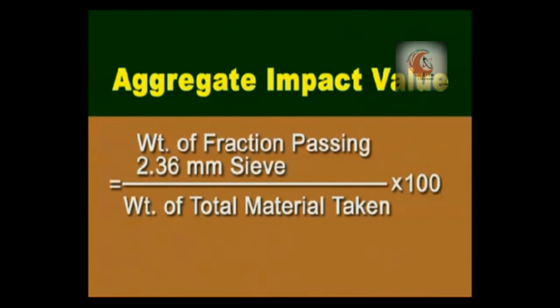Greater the impact value, more will be the crushing and weaker will be the particles or the aggregates. So this is one of the very initial and very important concepts in concrete. Aggregate impact value indicates the strength of the concrete.